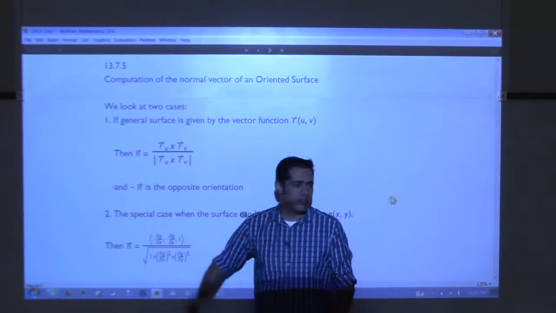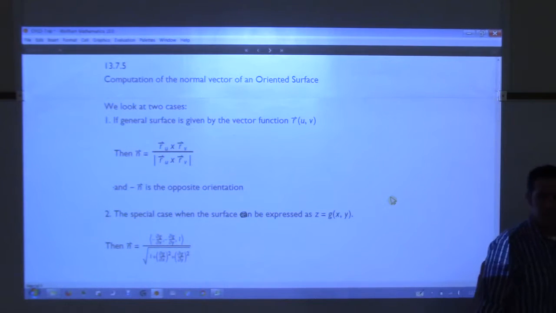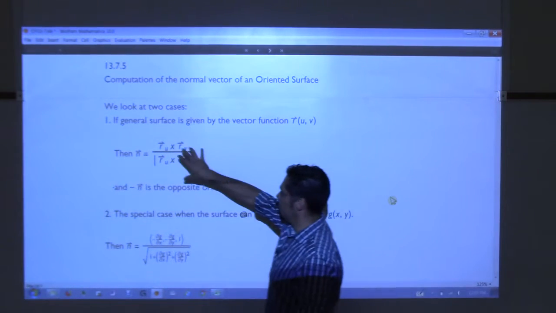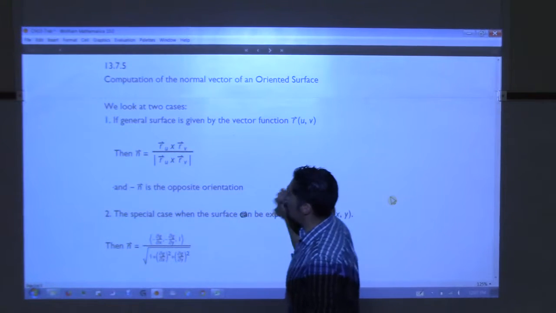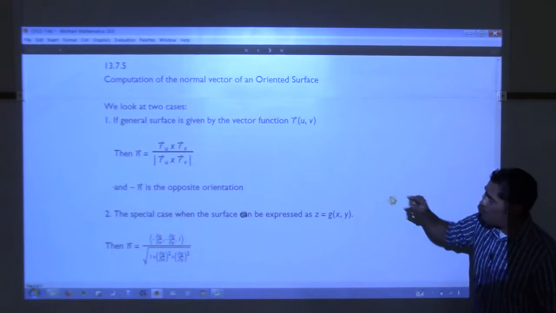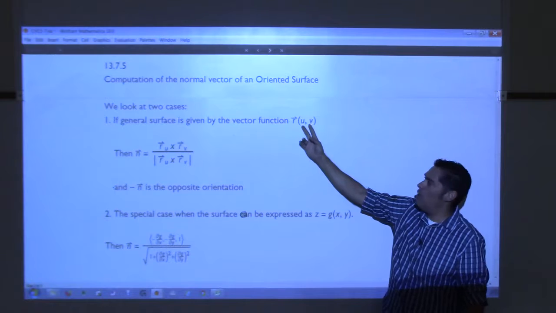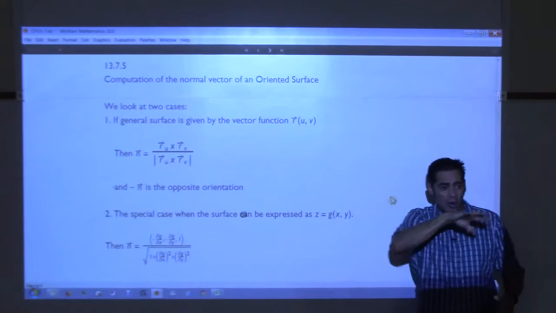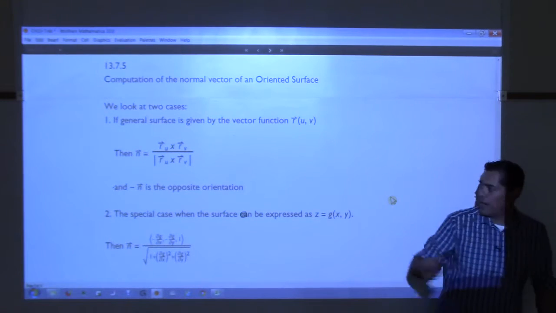And what would happen if we divide it by its own length? It would be a normal vector. It would have a unit length. The length of that vector would be 1, right? So that's how we can compute a normal vector given a surface that we can draw. Now we can draw them with r of u,v. If we can draw it, then we can always compute the normal vector using that formula.